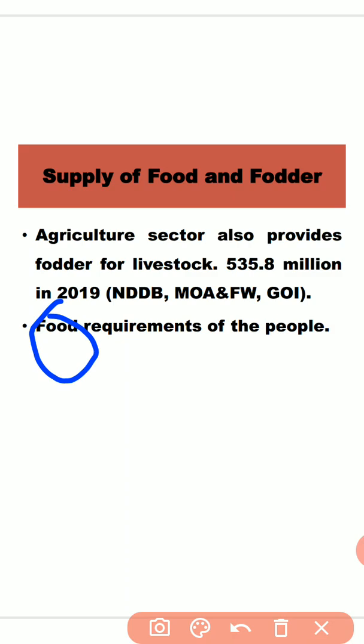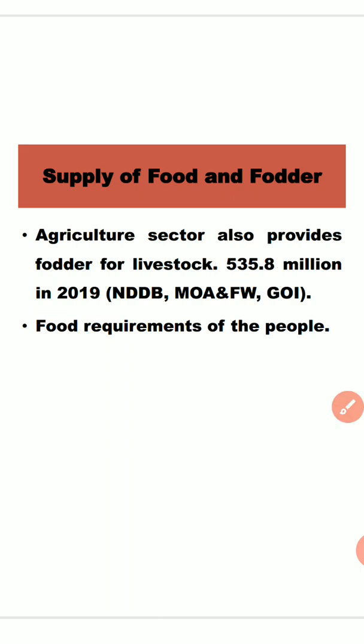In India, 135 crore people get their food from the agriculture sector, whereas the animals get their fodder from the agriculture sector only. So in India, we have 535.8 million livestock, which is provided by the agriculture sector only.